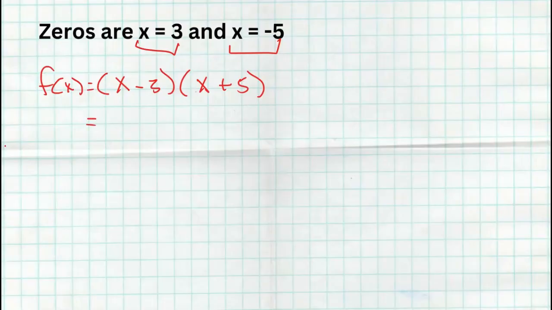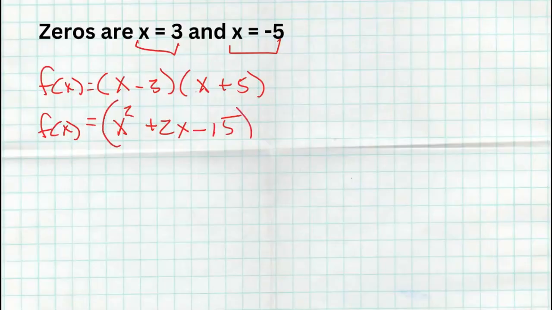Now, of course, I can multiply it together, x squared plus 2x minus 15, to get what that actual polynomial would look like going the other direction. Now, we do have to be a little bit careful here. This is not the only answer to the problem. This is not the only polynomial in the world that has those 2 zeros, because I could multiply it by a constant, like 3 or negative 5 or 10 or 22 or 1/2.